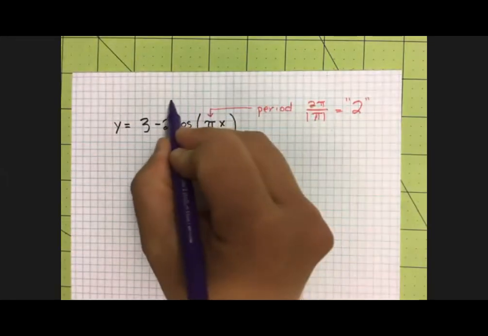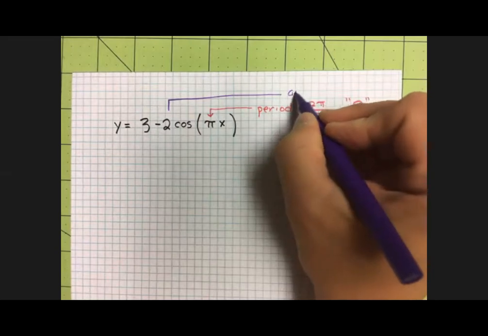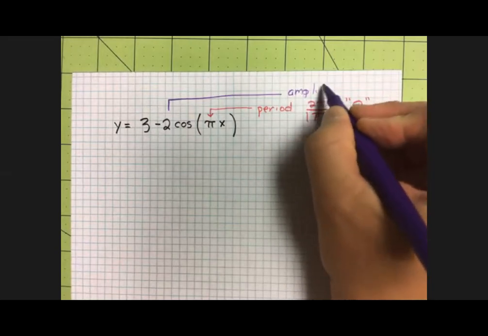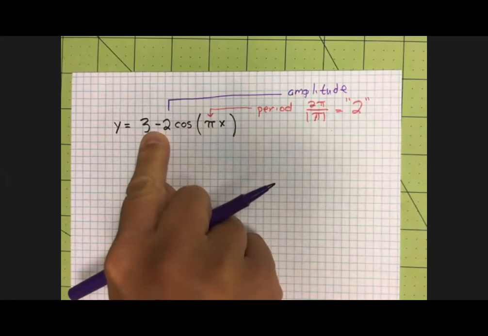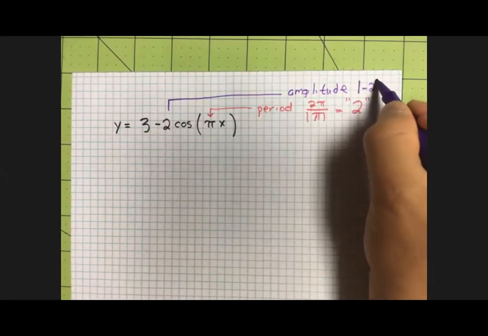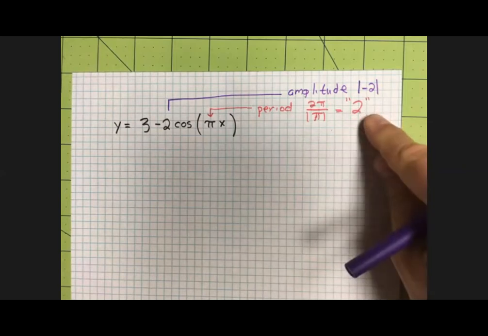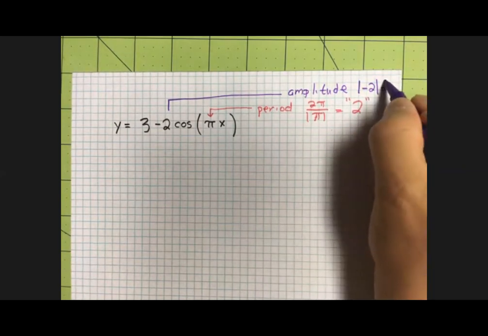Next, this number in front tells me the amplitude. But don't say the amplitude is minus 2. Remember, the amplitude is the absolute value. How far does it wave up and down from the center? This amplitude is 2 also.